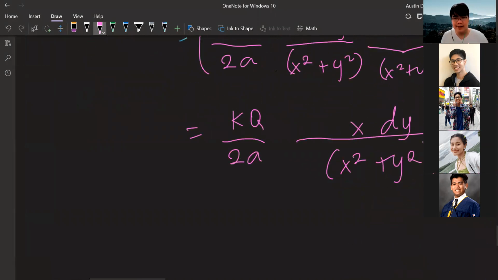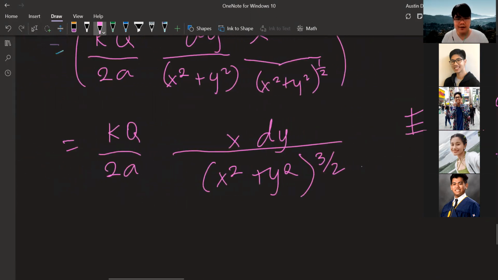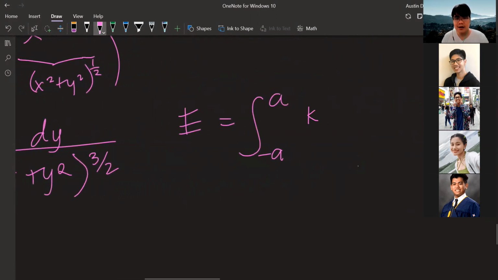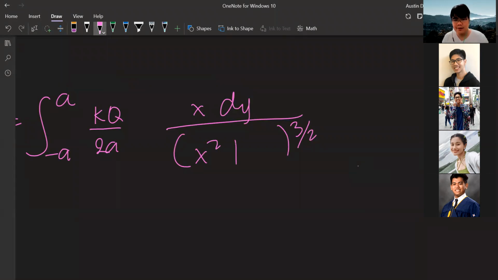So, the electric field would be the integral of this from negative a to a. So, you plug in this whole thing there. kQ over 2a. Lalabas lang din naman yung mga constants, so pinasok ko na lang. x dy over x squared plus y squared to the 3/2.